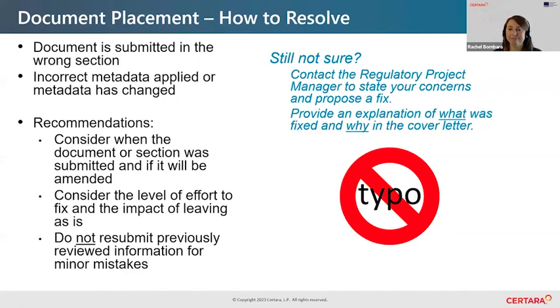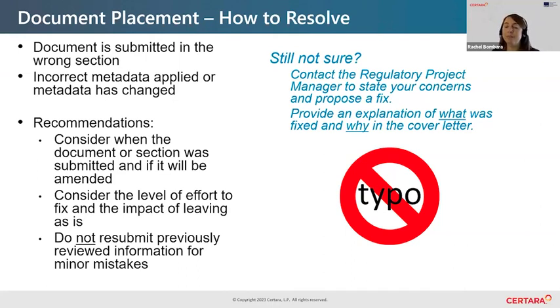So how do we resolve these issues? Once again, consider if the document will be amended in any way. This may be a good opportunity to fix or even move sections if you have to. But definitely consider the level of impact and effort to leave it as is versus making the update.